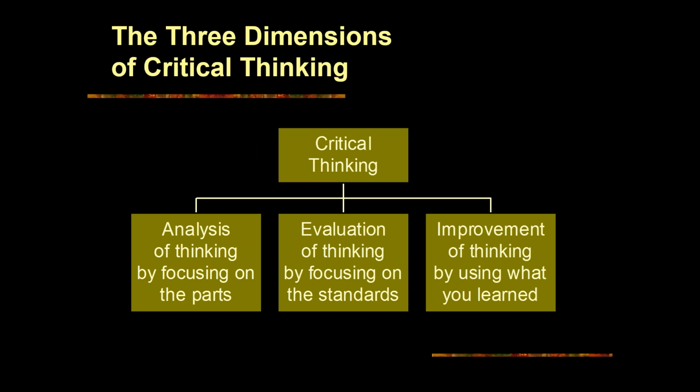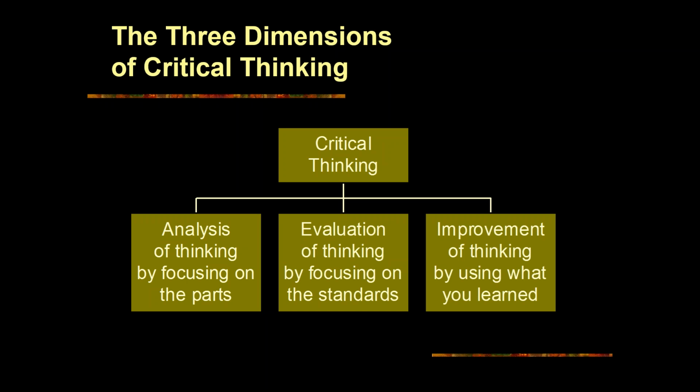Critical thinking can be understood to entail the analysis of thinking by focusing on the parts, which is what we're focusing on today, and how to bring these ideas into the classroom. And we can also, in connection with that, consider the evaluation of thinking by focusing on universal intellectual standards.